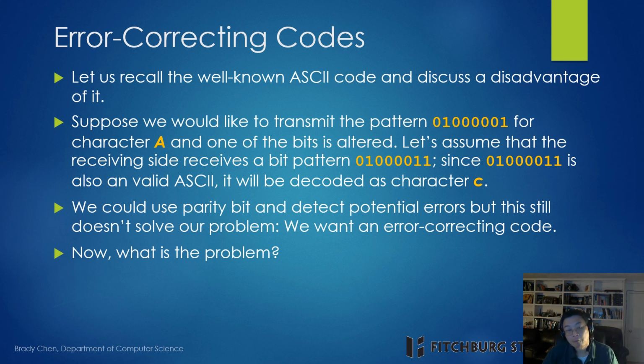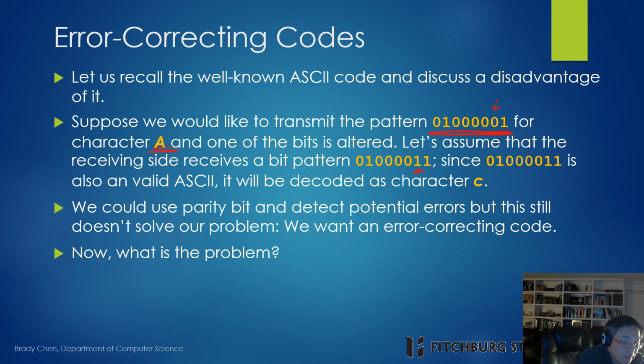Now let's go further and look at the ASCII code and discuss what the disadvantage of the ASCII code is. Suppose we would like to transmit the English character capital A. This is the ASCII code for character A. Now suppose one of the bits has been changed.